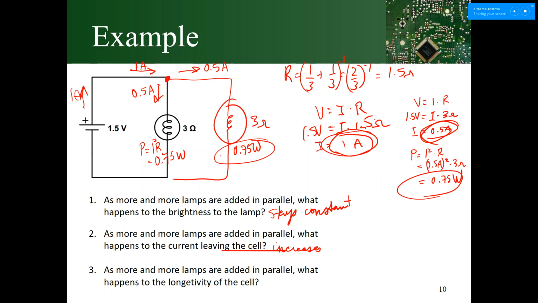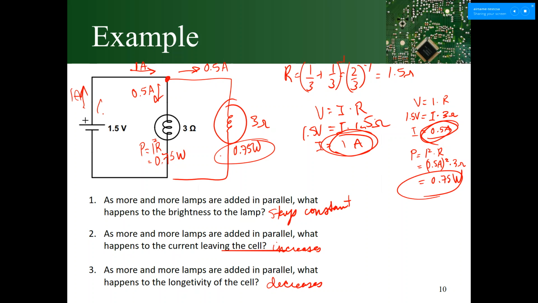The longevity increases. So it lasts longer, the battery. So why wouldn't we just always have everything in parallel? Not only does it get everything working just fine, but it also lasts longer. Can't do that. Something has to be a compromise. So in this case, the compromise is that it decreases the longevity. Okay.